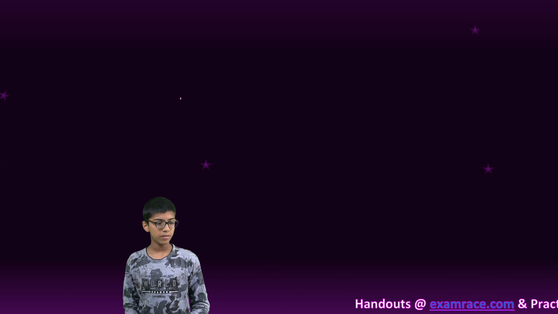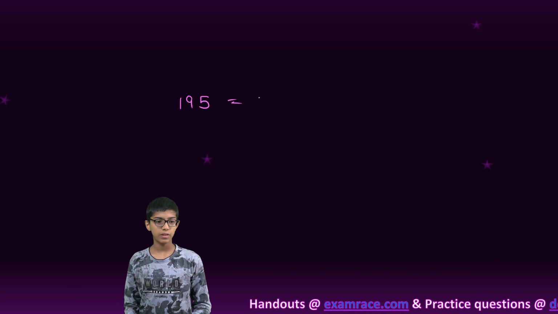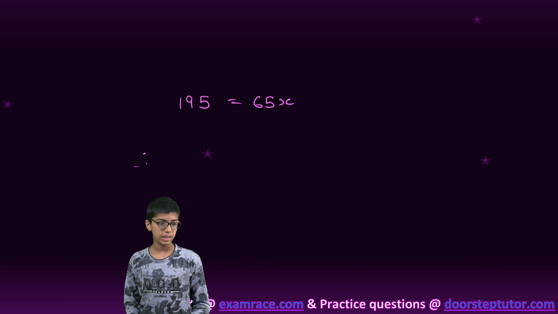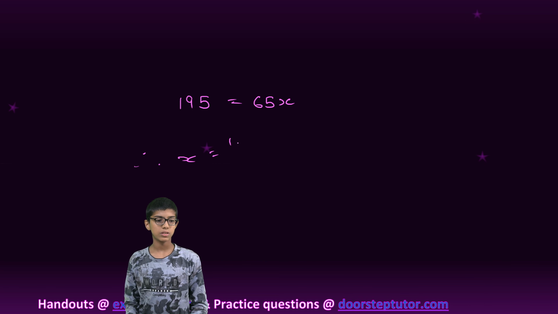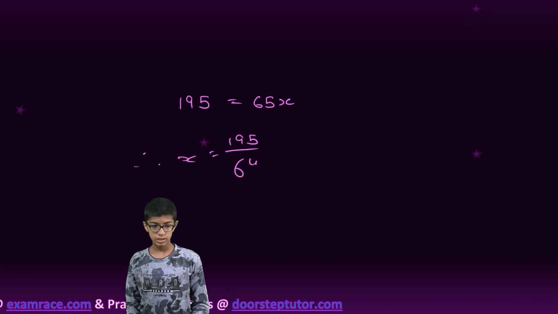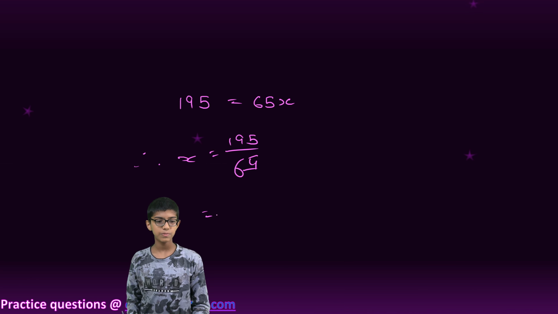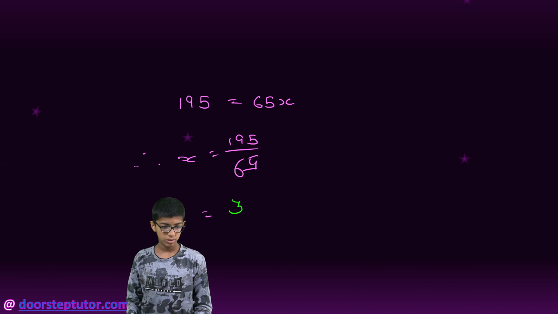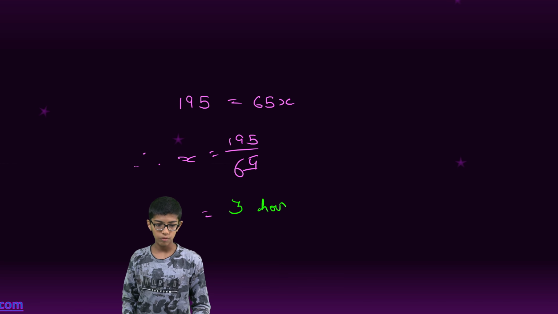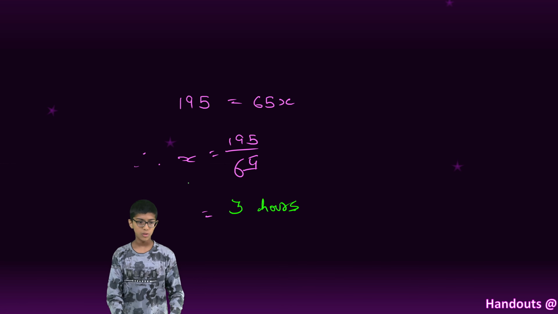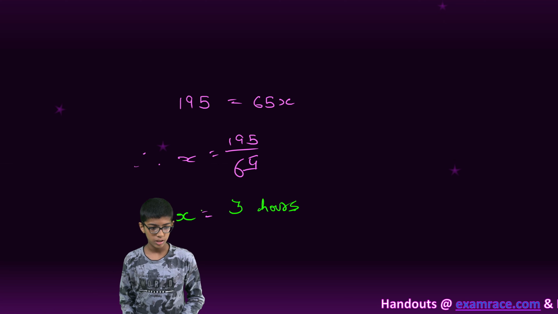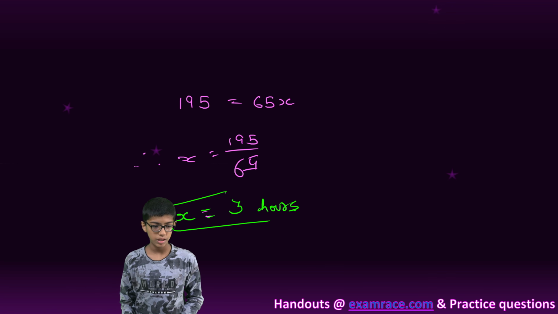Now we get 195 equals 65x. Therefore, x equals 195 by 65, which is equal to 3 hours, that is our unit. So x is equal to 3 hours. We get it from the information.